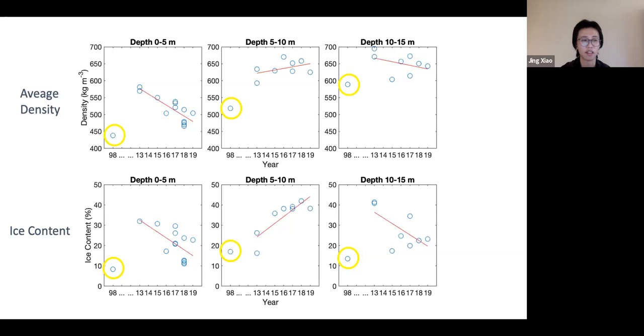It has a lot lower density and ice content compared at all 3 depth intervals, and therefore it is not included when fitting the trend line. The 3 depth intervals have very different trends, and for each depth interval, the density and the ice content have quite similar tendency. Now let's examine them one by one.